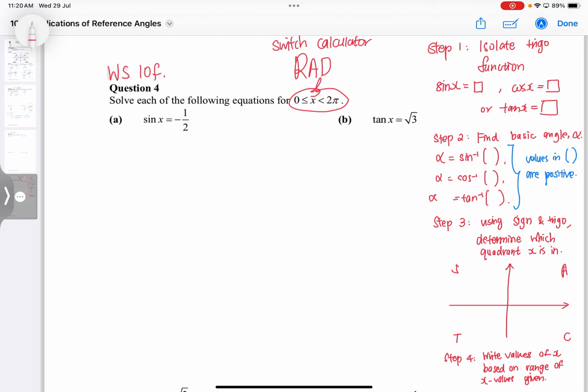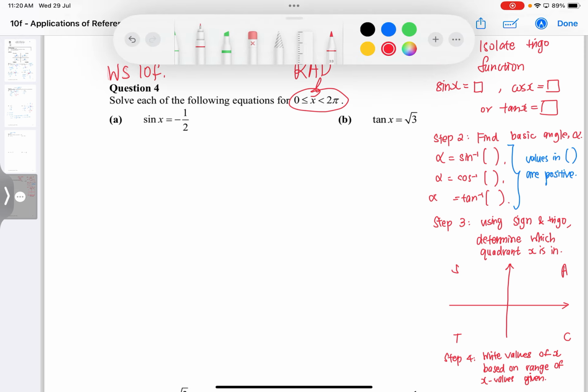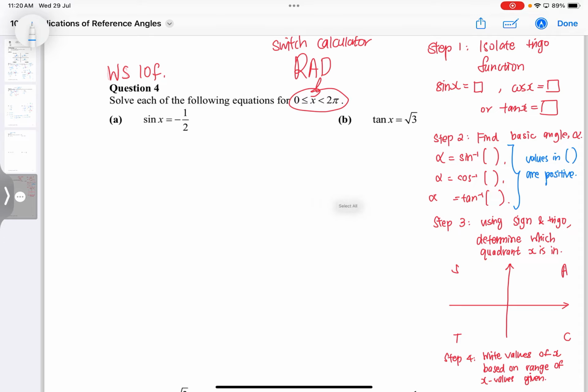Okay, so first step, isolate the trigo function. In this case, already isolated. We are doing the level 1 questions, so the trigo function is already isolated for you. Step 2, find the basic angle. Basic angle is found by taking alpha, sine inverse of the value. In this case, half.